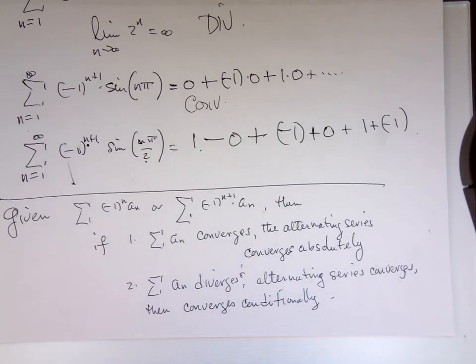If number 2 happens, then it converges conditionally. What does it mean to converge conditionally? Converging conditionally means the positive series diverged, but the alternating series converged.